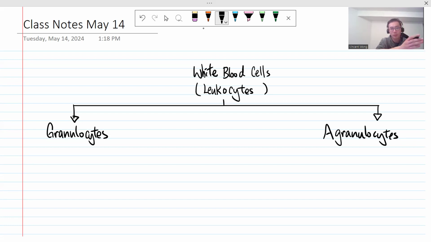So granulocytes and agranulocytes. What's the difference? Granulocytes are white cells with visible granules under the microscope.